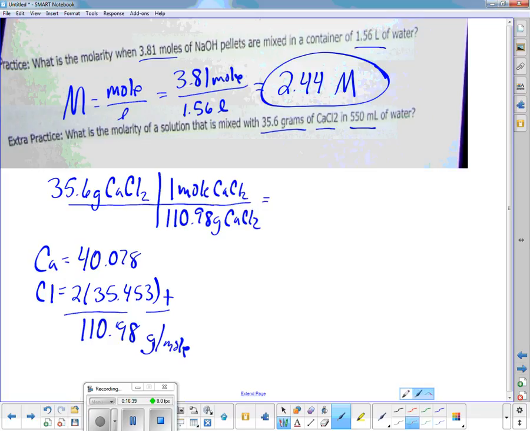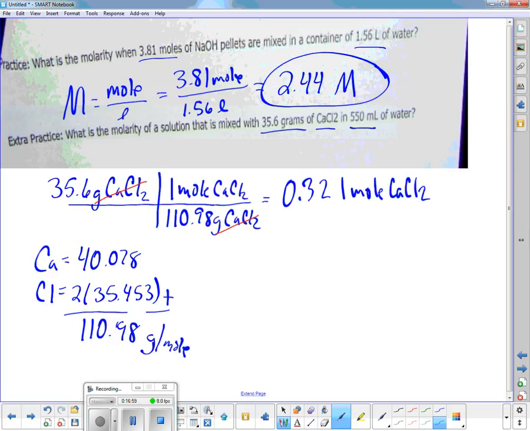We got rid of grams. It will cross out. And we put that through our calculator, and what do we get? 0.3211. And that's how many moles CaCl2.